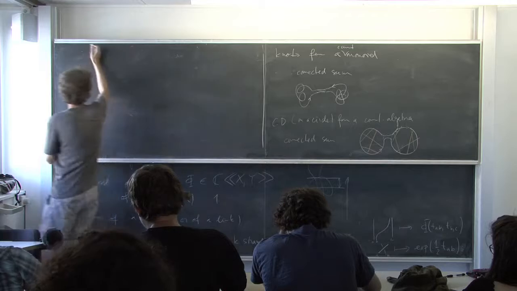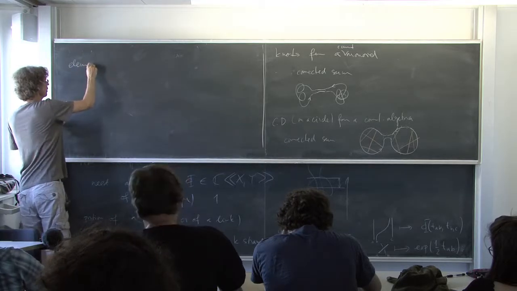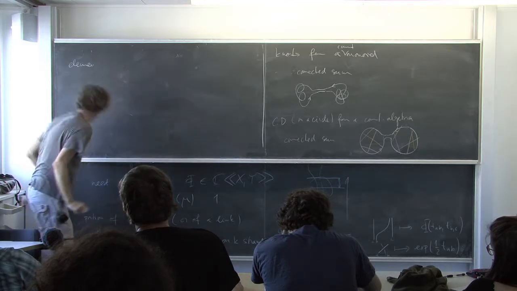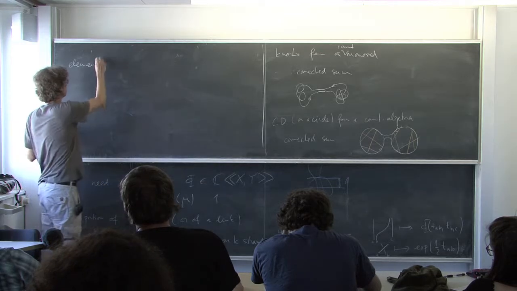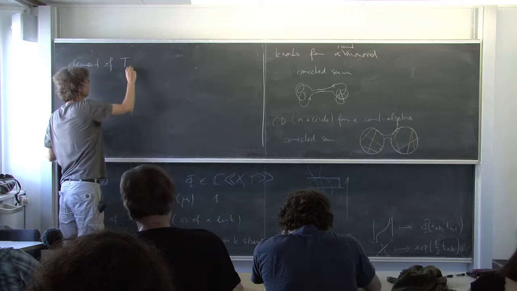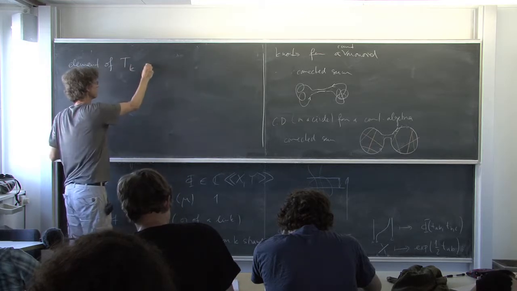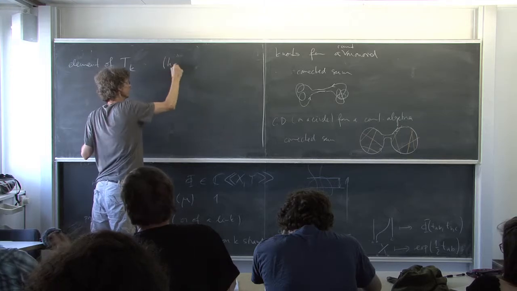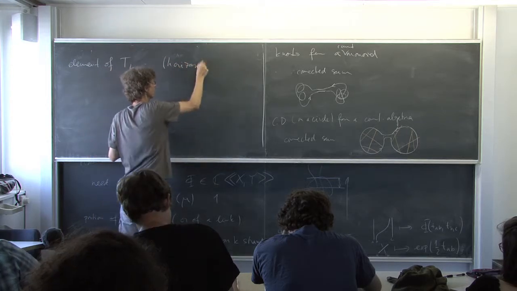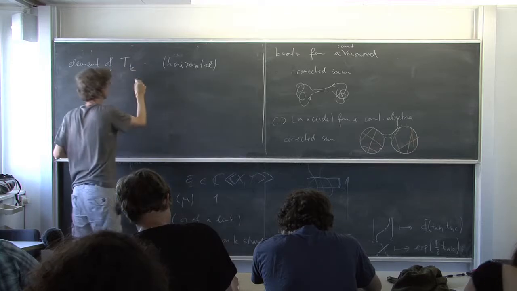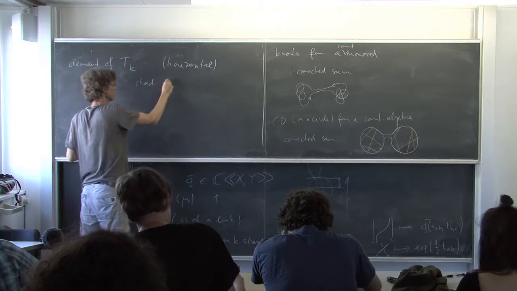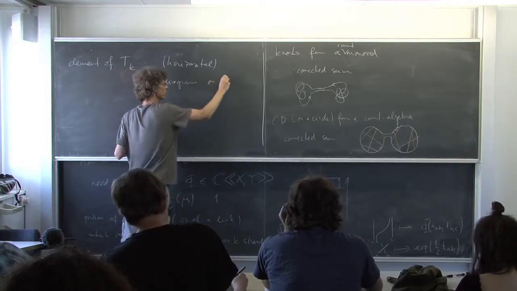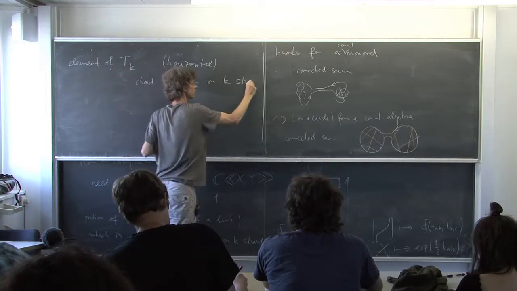So this element of t_k can be seen as what is called a horizontal diagram on k strands.